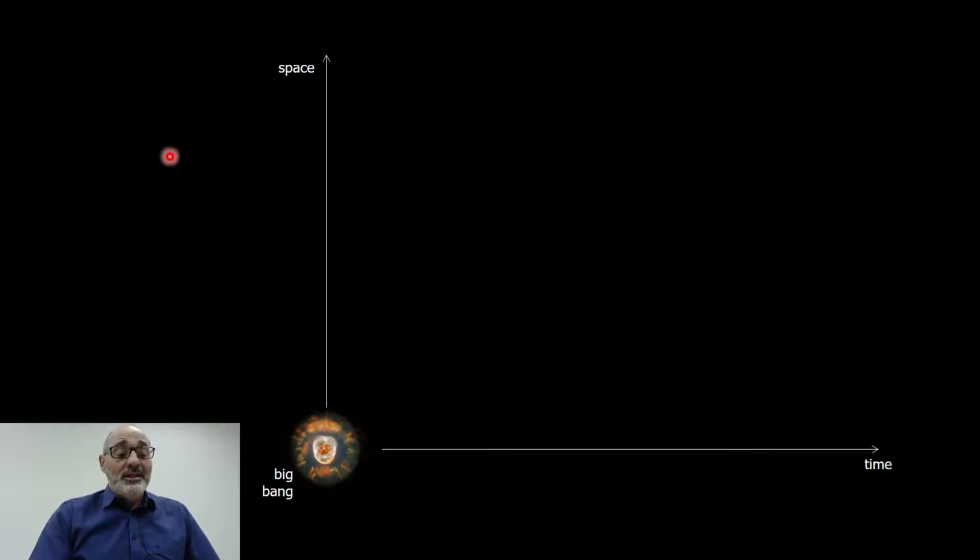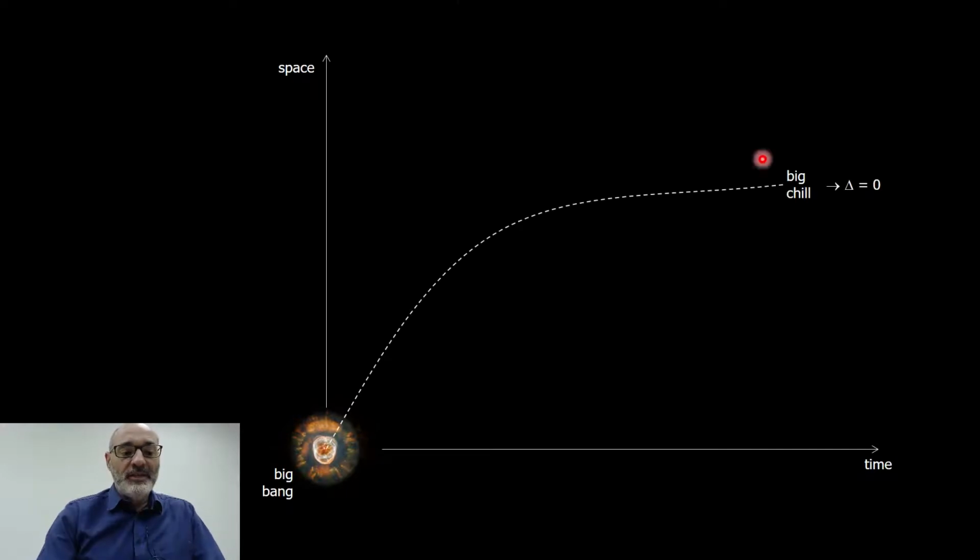Okay, so what's happening right now? We know the universe is expanding, okay, at increasing speeds, actually. That was Hubble's finding, okay? And as we know that all differences are decreasing, so the universe in the far future is going to end on what we call a big chill, okay?